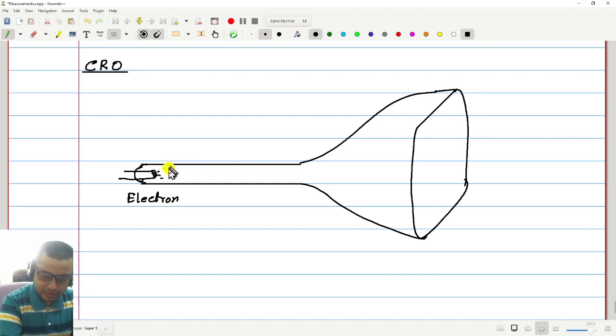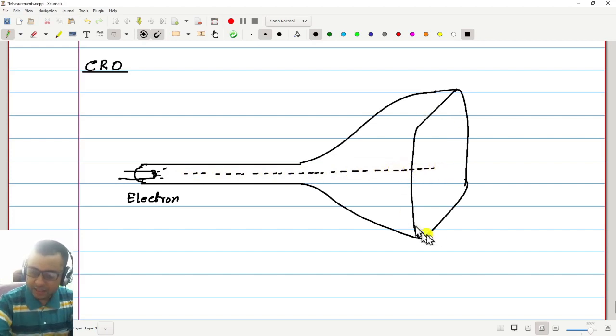Those electrons are focused, and after that they move along a narrow beam, and when they hit the other end of this tube, we have some phosphor coating, some material which gets illuminated when this electron beam hits that material and light is emitted.